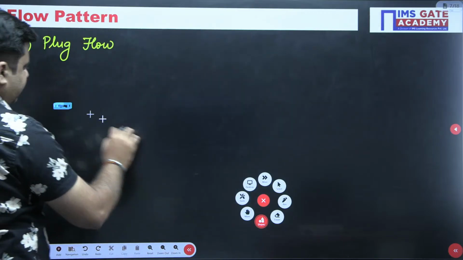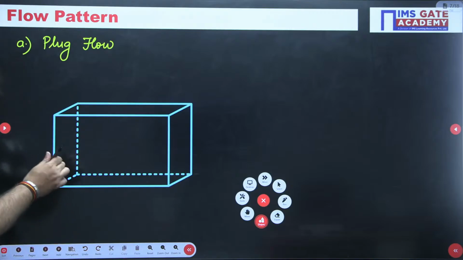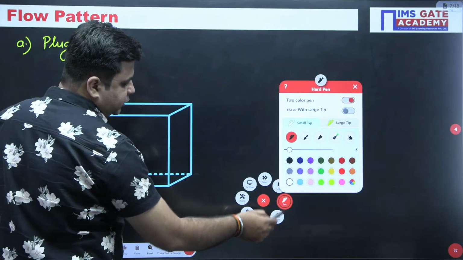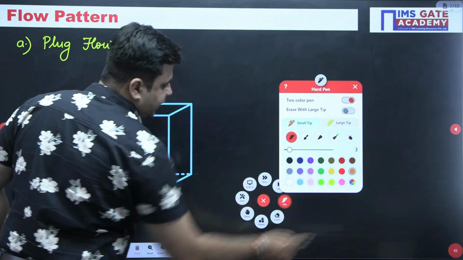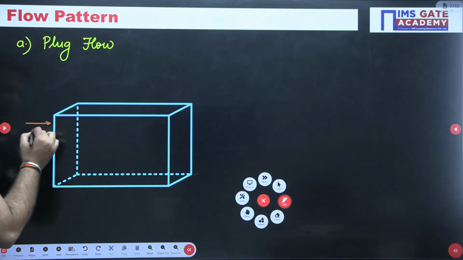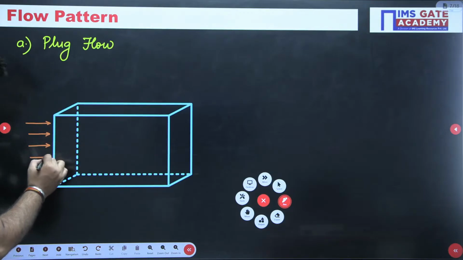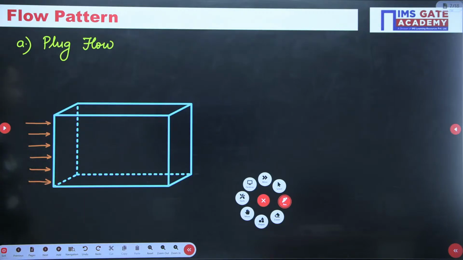So this is my aeration tank, right? You have allowed the wastewater to enter from this side.